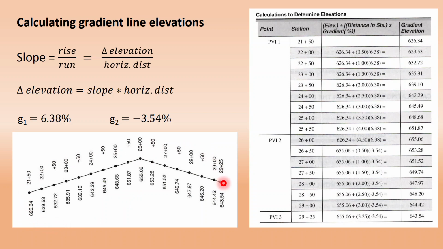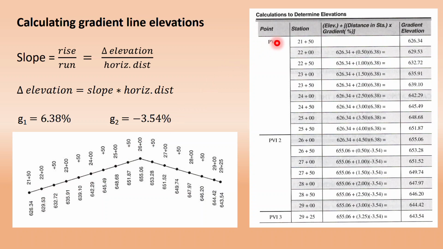And we calculated, based on the stationing and the given elevations, that G1, this gradient line, was positive 6.38%, and G2 is negative 3.54%. So once you've got your slopes calculated for your gradient lines, you're going to need to calculate the elevation along that line at whatever station interval is required. The example here that's going to be worked through is every 50 feet, or every half station.